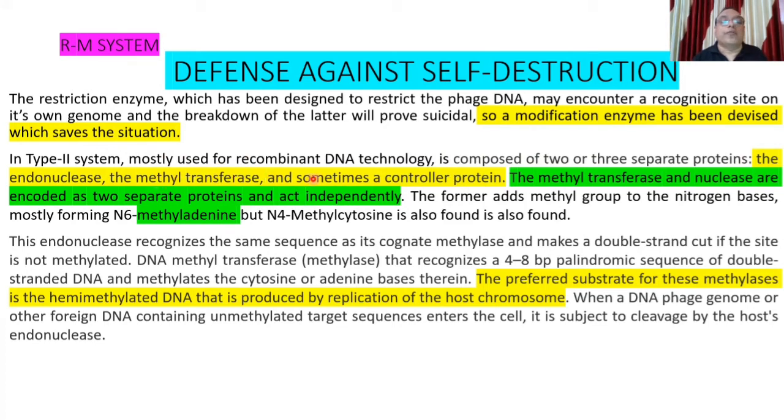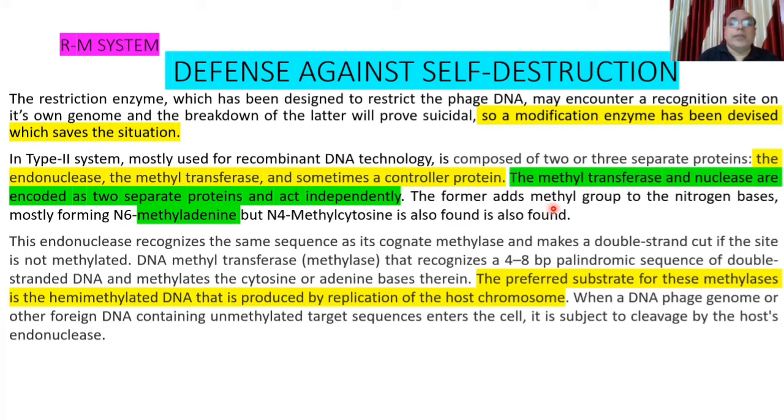The methyltransferase and nuclease are encoded as 2 separate proteins. This is very remarkable in the case of restriction 2, which has been employed for recombinant DNA technology. The restriction as well as the modification systems are distinct; they are not part of one entity, and they act independently.